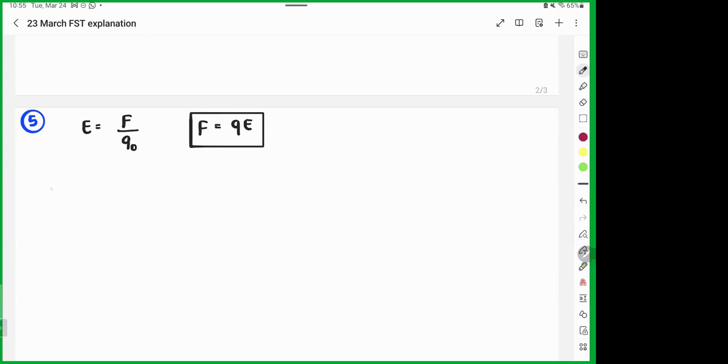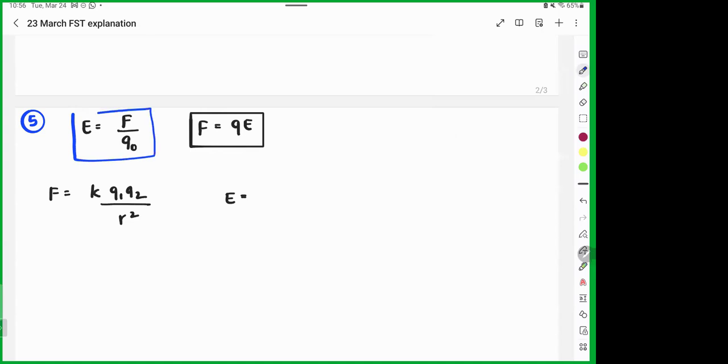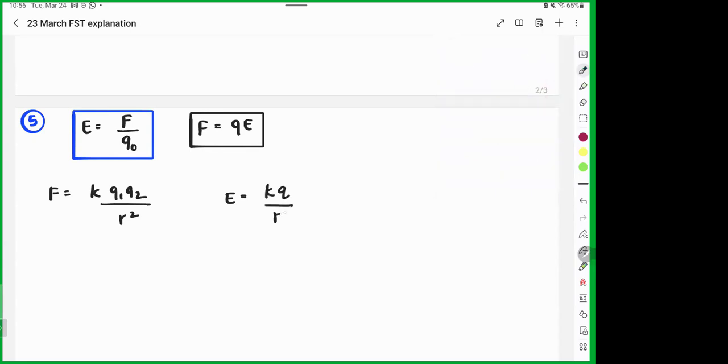We know force is equal to K Q1 Q2 by R square, and for electric field just divide by one charge, because in the electric field formula you divide by the charge. That's why electric field will be equal to K Q by R square. Correct?